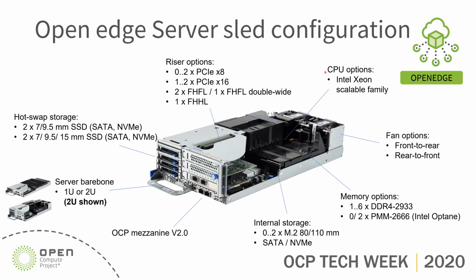They can be either 80mm or 110mm long, supporting either SATA or NVMe. And in the front, we have for the network interface options, we have an OCP Mezzanine version 2 that can be used typically for dual port network connectivity.